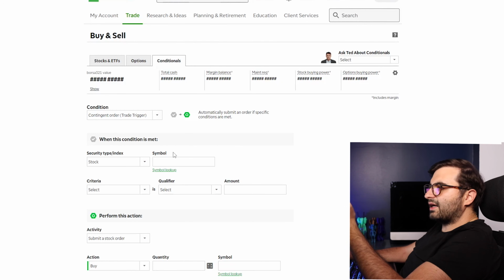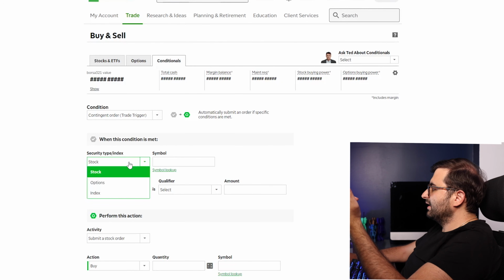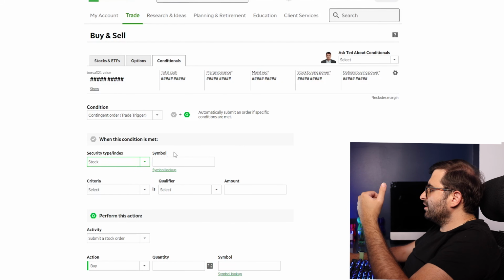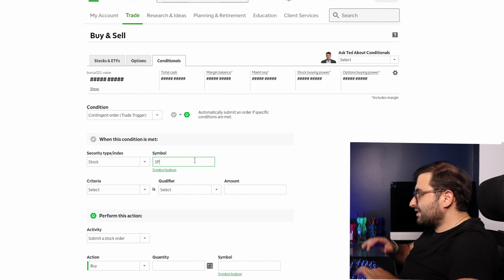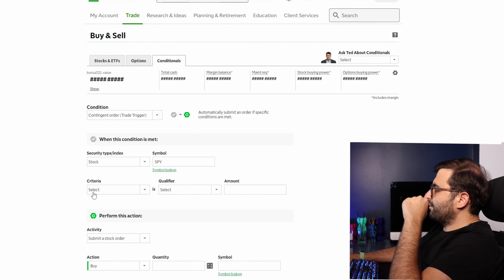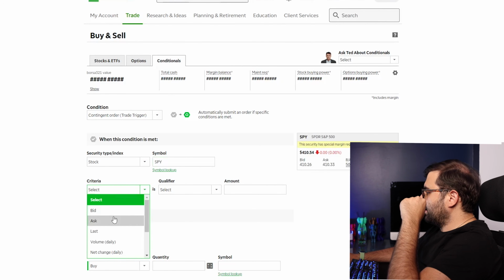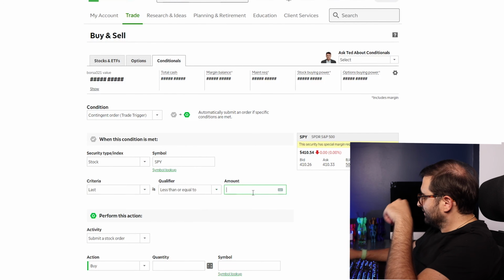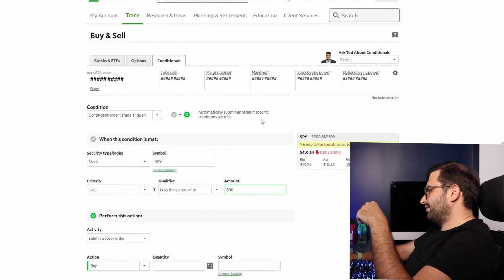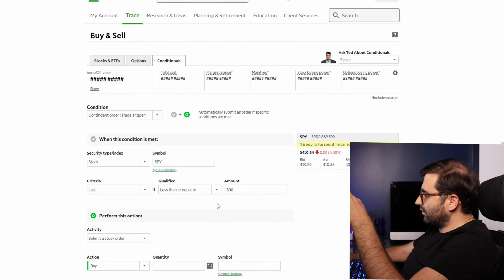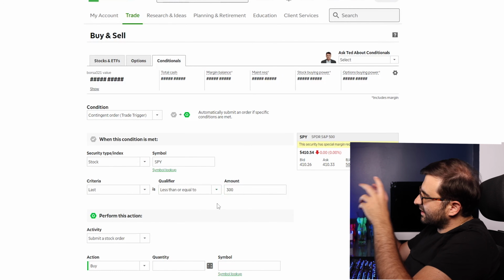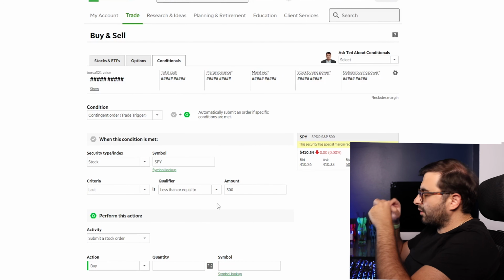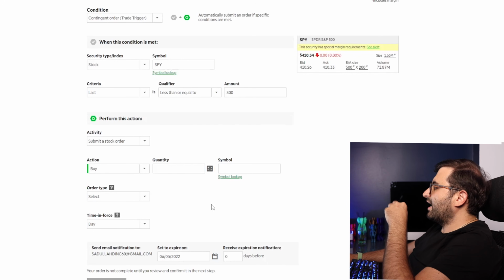So what are those specific conditions? Let's say that if a stock SPY, right, S&P 500, last price is less than, let's say, $300. So what does it mean? It means that if the market drops significantly, I would like to perform this action.